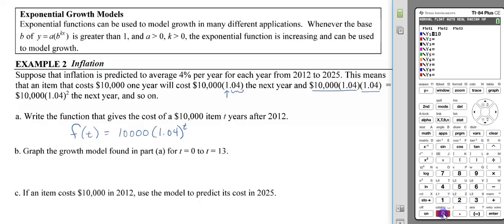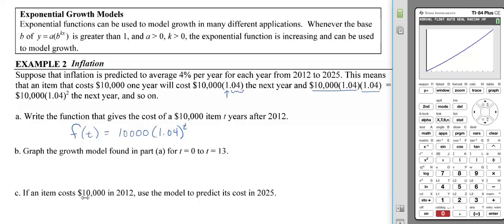This will be 10,000 times 1.04 with an exponent of x, and they want us to graph it from t equals 0 to 13, so we're going to have our x min as 0 and our x max as 13, and we'll do a zoom fit to see that in a nice window for the years 0 to 13.